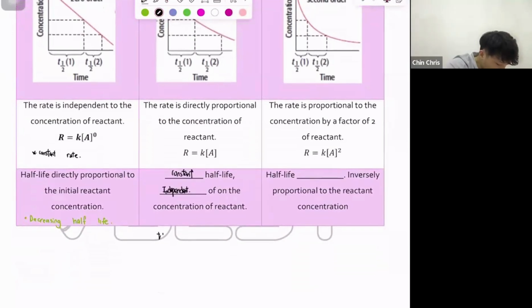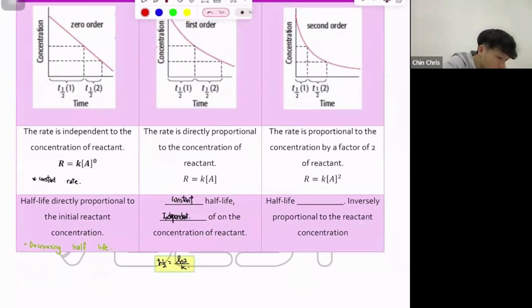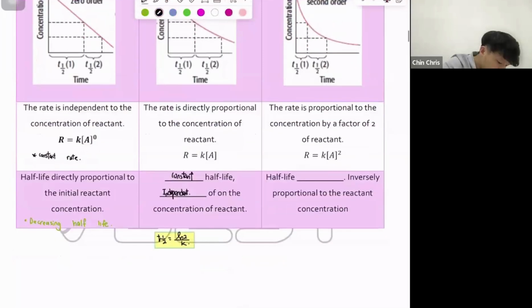Then use the formula half-life equals ln 2 over k. This formula is only applicable for first order. Do not use it for second order. If you look at the second order, you get an increasing half-life. You can see that your half-life is getting bigger and bigger. So you get an increasing half-life. That's it.